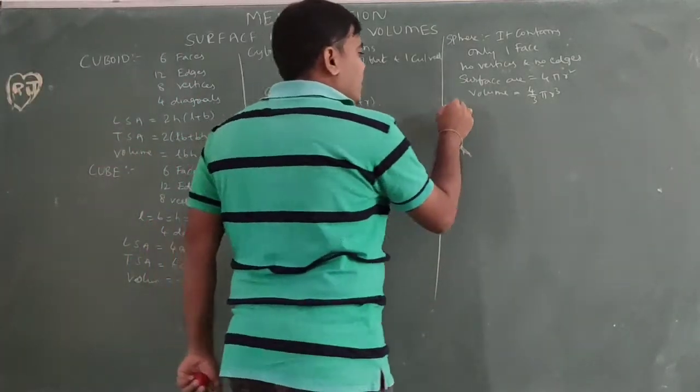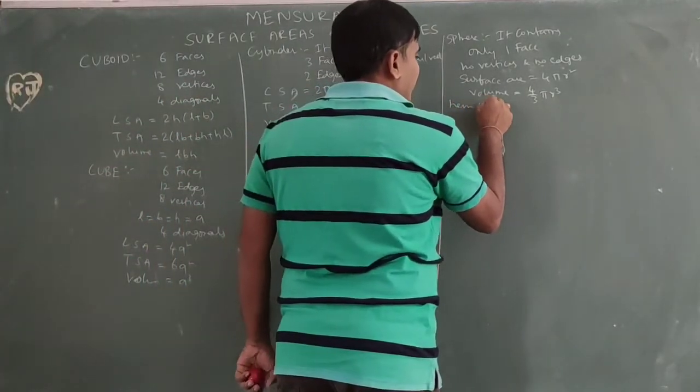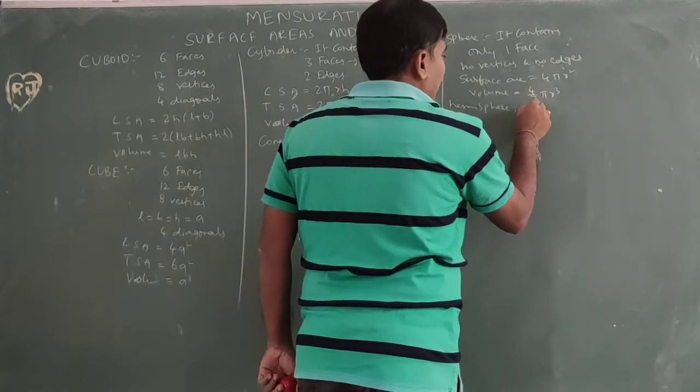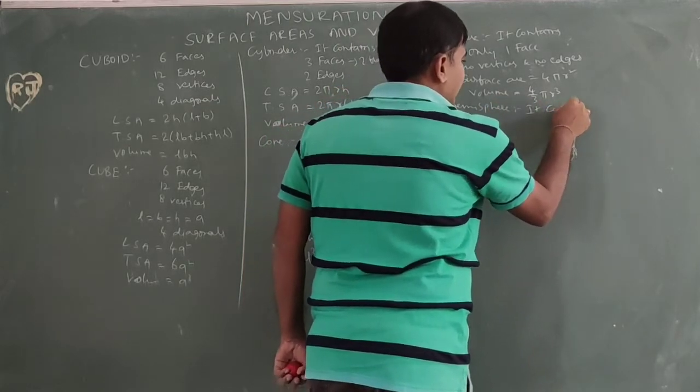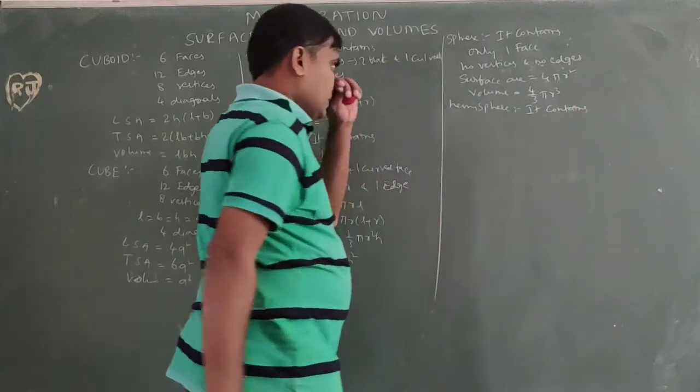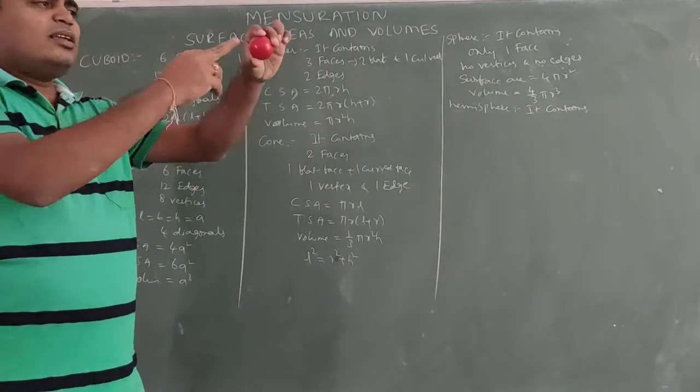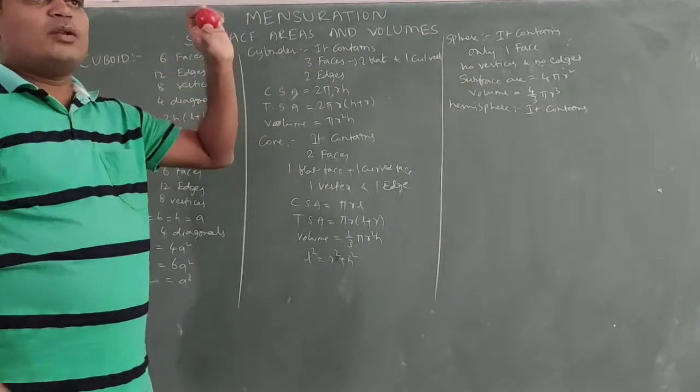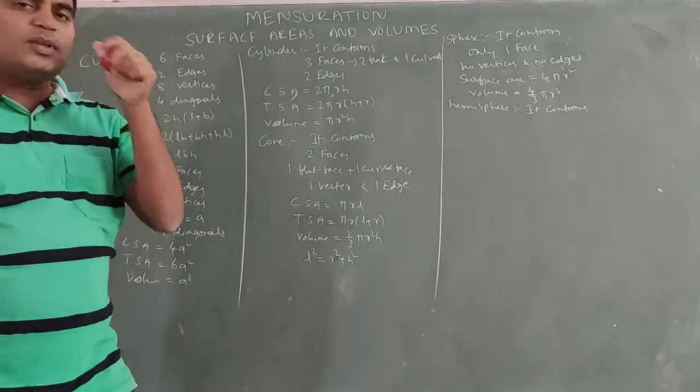Next, hemisphere. If we cut the sphere into two equal parts, the two parts are called hemispheres.